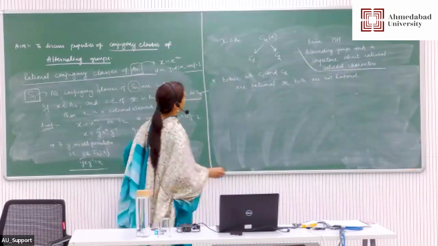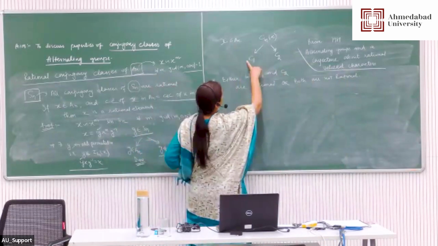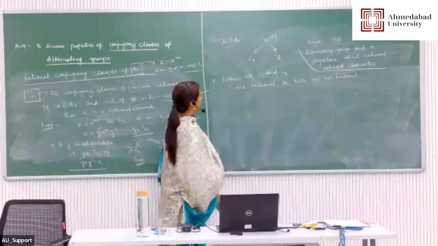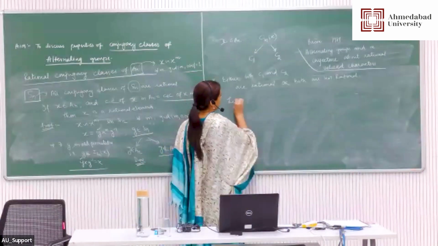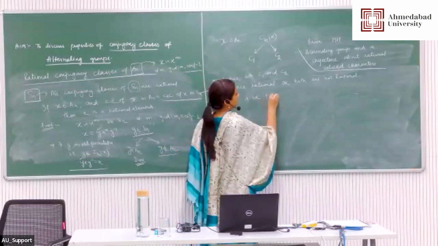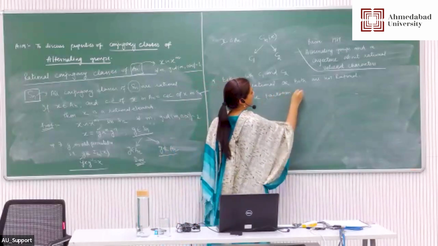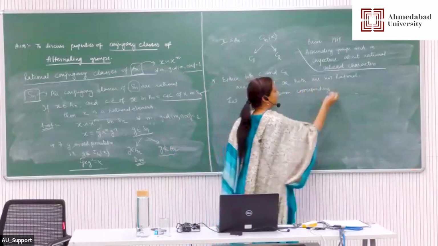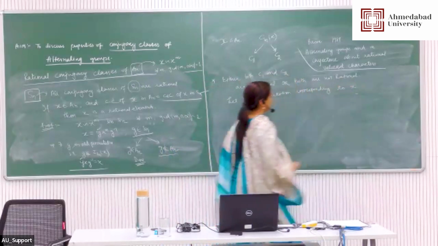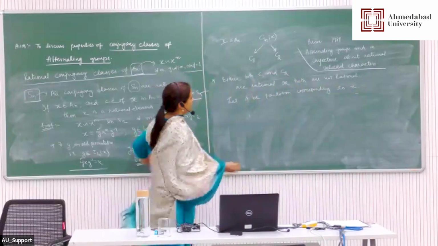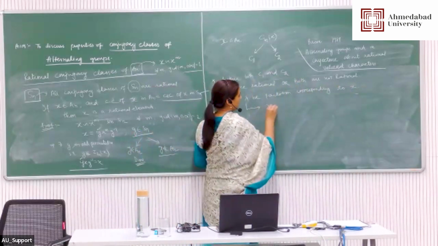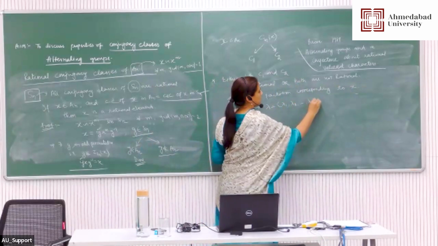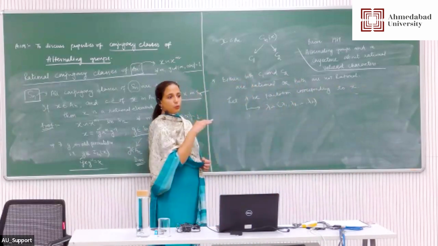So you remember that if the conjugacy class of X splits into two conjugacy classes, then let lambda be the partition corresponding to X. Then lambda will have odd distinct parts, because the class is splitting into two parts.